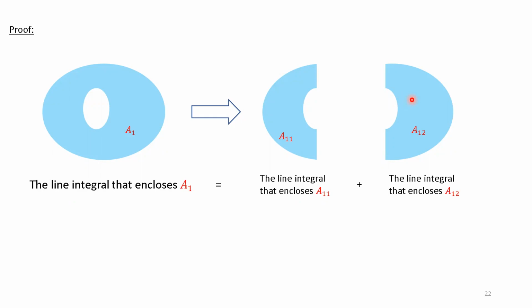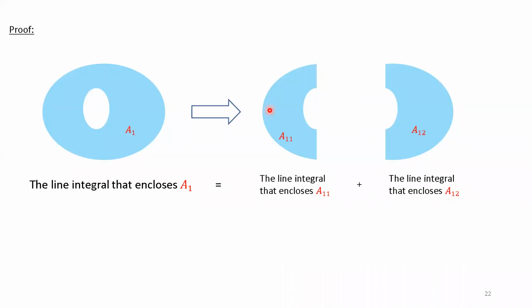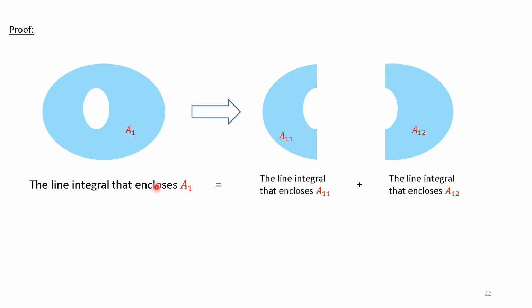Now, if I want to talk about the line integral that encloses A1, that would equal the line integral that encloses A11, the left subregion, plus the line integral that encloses A12.